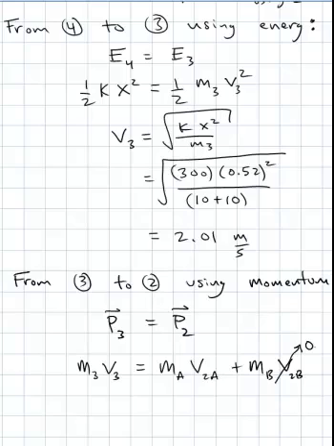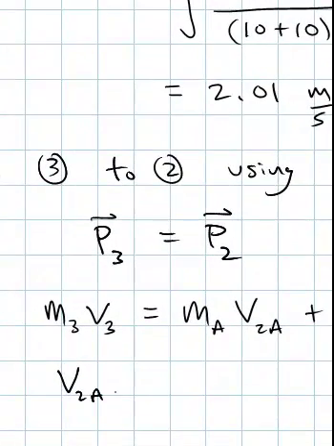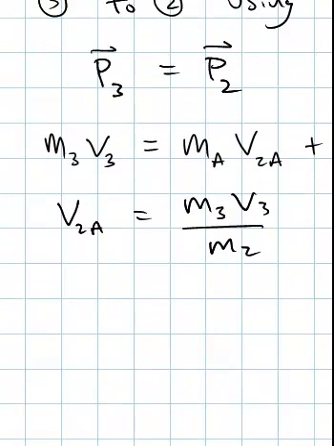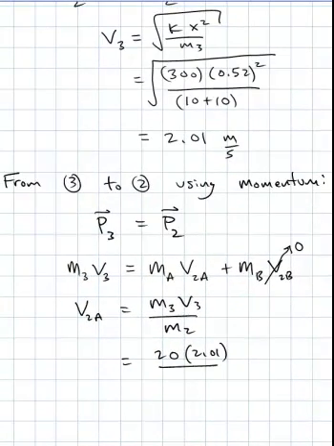That's 0. So we have the velocity of A at time 2 is m3 v3 over m2. (20) times 2.01 over 10. 4.02 meters per second.